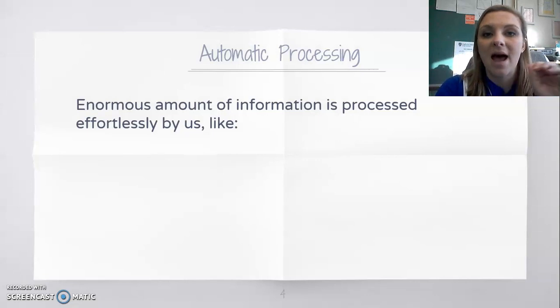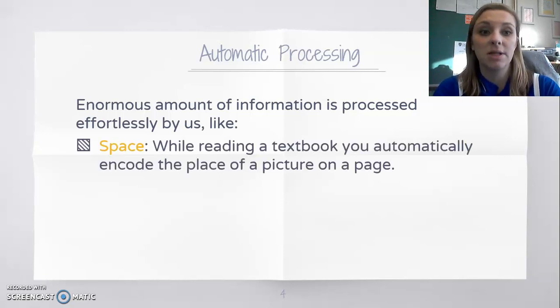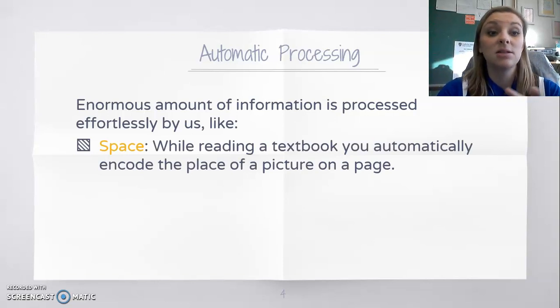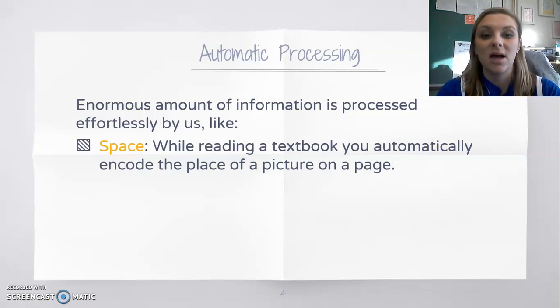So let's talk about automatic processing first. We have a ton of information that is processed without any effort by us. For example, we process space. When you are reading a textbook, you automatically encode where the picture is on that page.